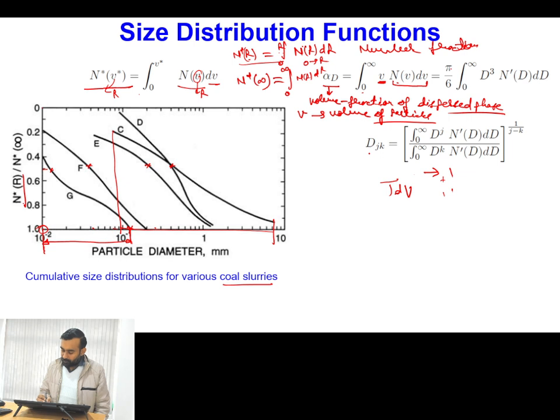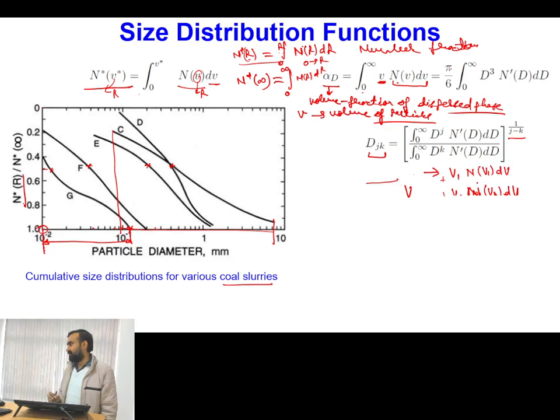Now this is one formula. d_jk is equal to the integral from 0 to infinity of d^j n dash dd divided by the integral from 0 to infinity of d^k n dash dd, to the power 1 by (j minus k). So this is a generic formula, and the way I have previously calculated the mean surface diameter, all these diameters can be obtained using this formula.